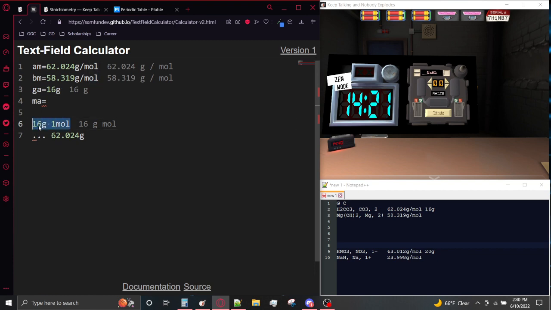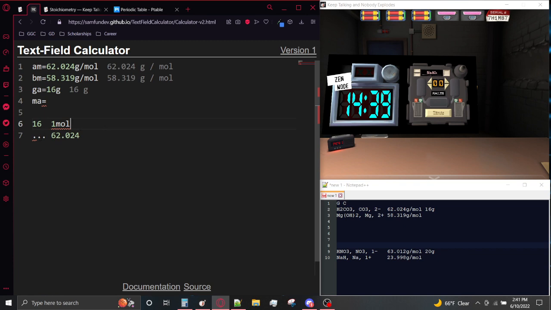These two are the numerators, and these two are the denominators. If you have the same thing in the numerator and denominator, they cancel out. So what happens here is that the grams cancel out, leaving us with only the moles as our units.